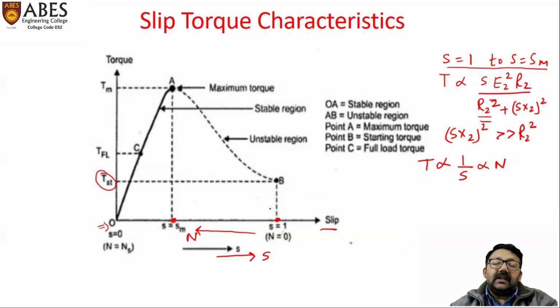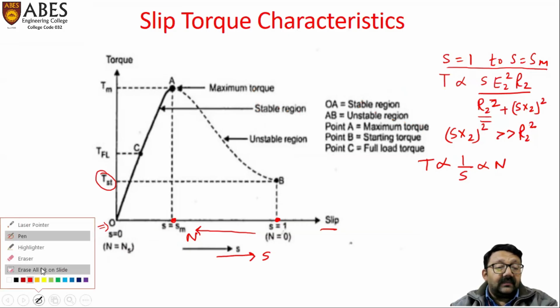So the motor speed and torque are continuously increasing in this region. That's why the operation of motor is not stable. So this region is also known as unstable region. Now, in this unstable region, as torque and slip are inversely proportional to each other, the shape of this slip torque characteristics is like a rectangular hyperbola in nature.